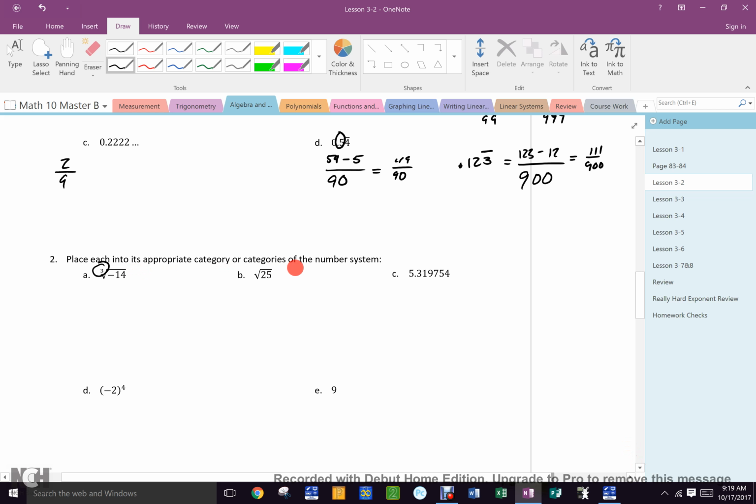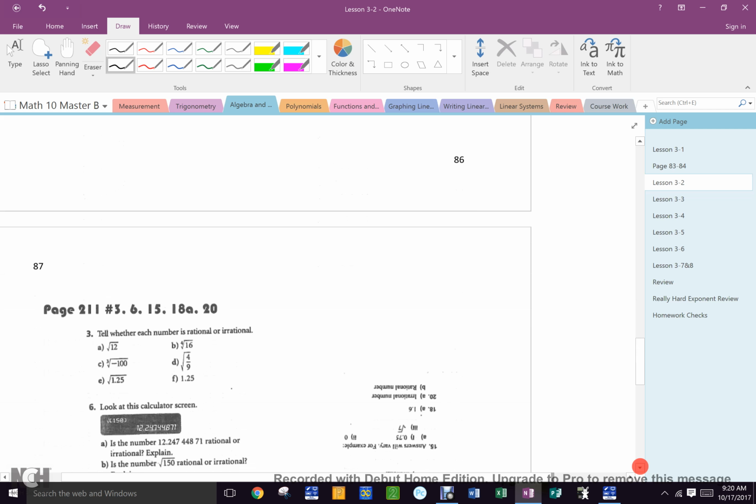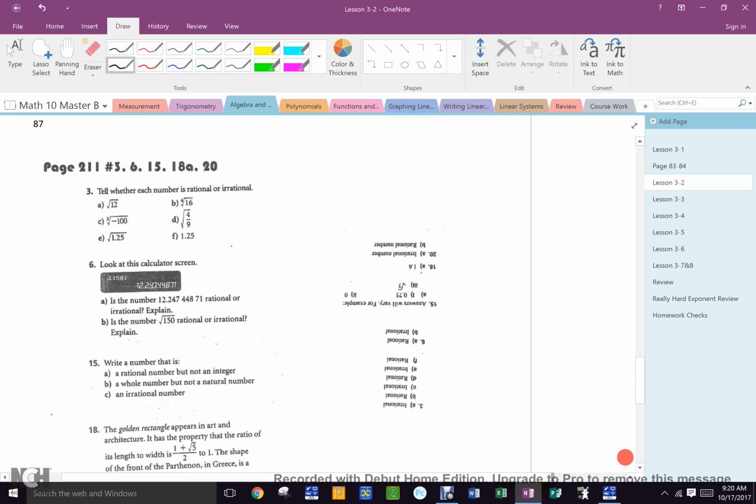And please notice, all you have to do here is categorize the numbers. So there's only 5 things you can write there, right? Natural, whole, integer, rational, or irrational. That's it. For that whole page. And it's almost the same for 87. Everybody good? That's it. That's your only homework.